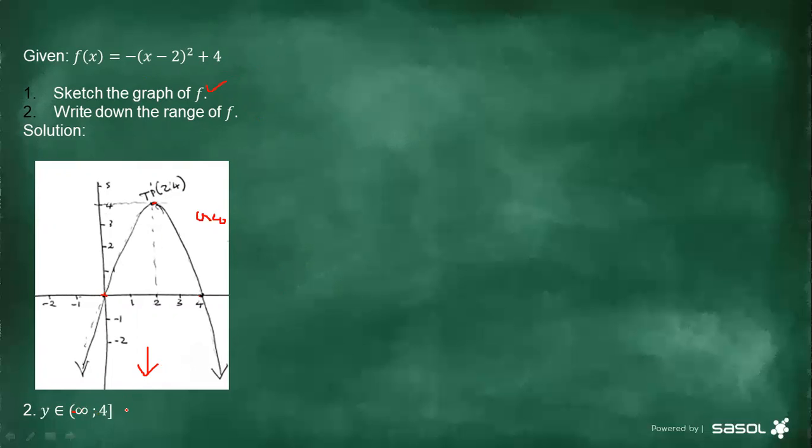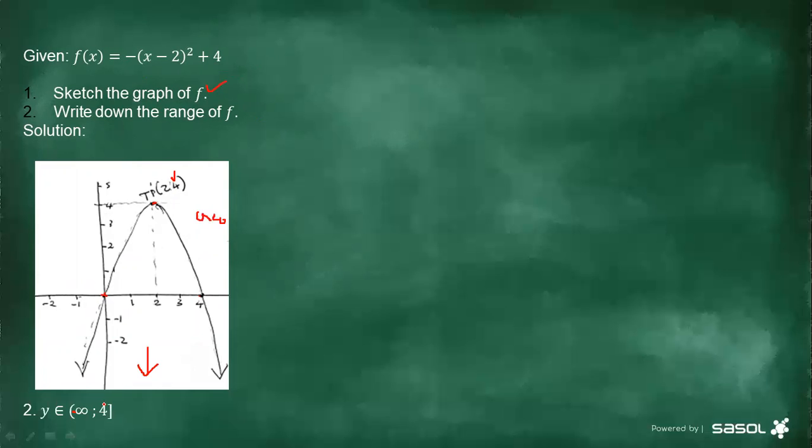You can see that to determine the range for a parabola graph, the turning point plays a very important role, because we really need the y value of the turning point so that we can determine the range. Meaning, if we don't have the turning point, there's no way you can give us the range of that quadratic or parabola. So the turning point is very, very important, my dear learners.